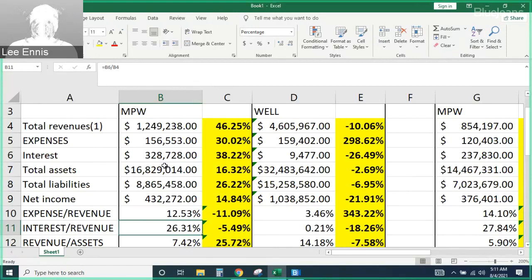So that means for every dollar that they bring in, 25 cents of it is going directly to interest. And that interest is just money that's being thrown away. You're spending 25 cents to borrow money, and you use that money to make money, right? So that's not a great thing.